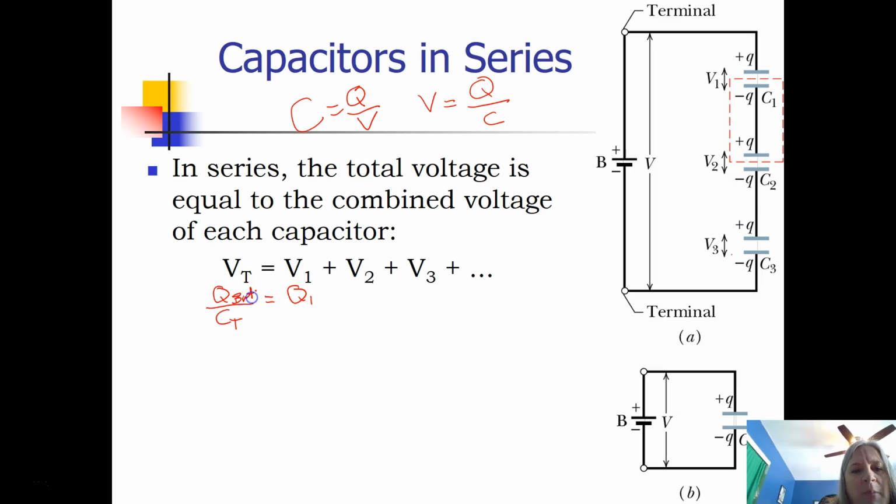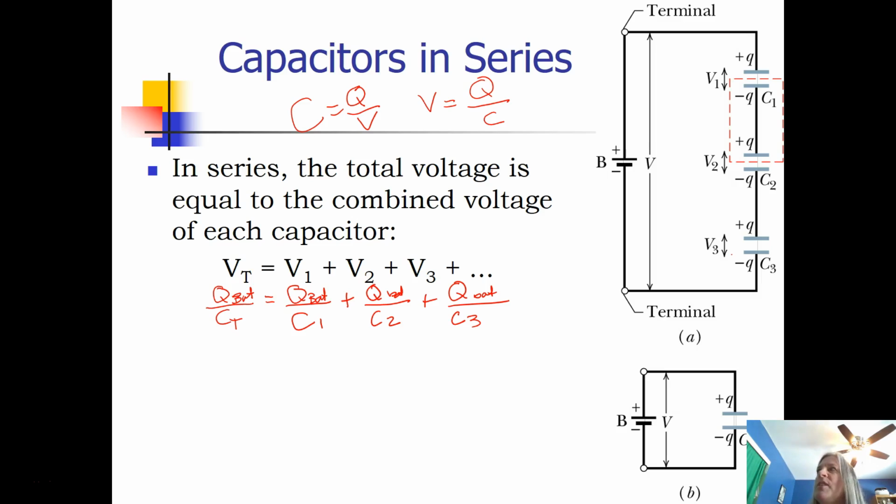I'm going to call that Q_BAT because it's really what came out of the battery, over the capacitance of one, plus the Q_BAT over the capacitance of two. Same charge, no choice, always dictated by the fact that these are in a line and I'm limited because I can't have electrons just jumping.